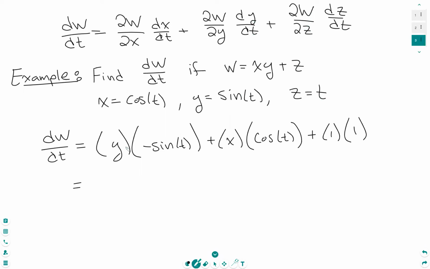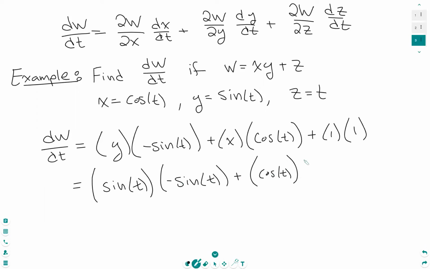So now let's go ahead and plug in what y and x are in terms of t. So this is sine of t times negative sine of t plus cosine of t times cosine of t plus, and this is just 1 here.